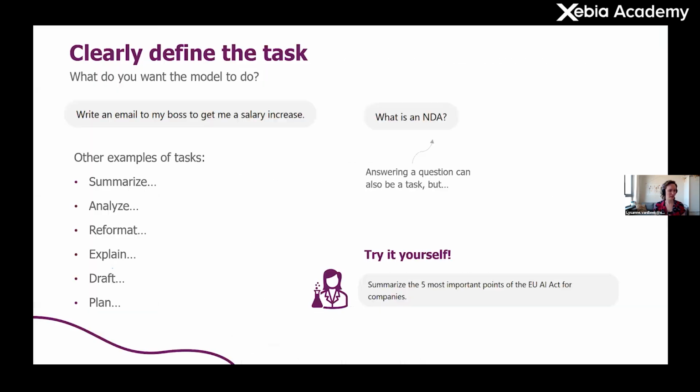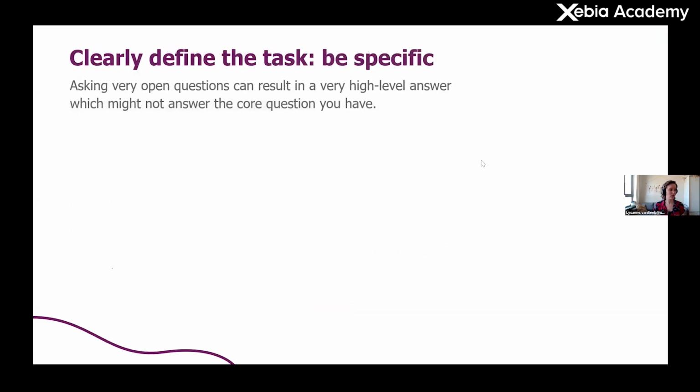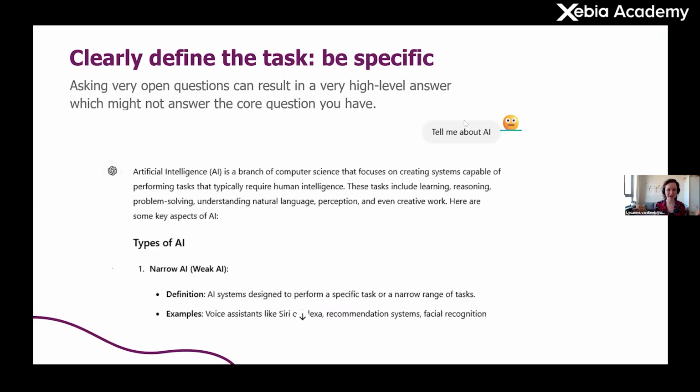Okay, that's already an interesting thing. So we have to clearly define the task. We have to know what we want to do. But we also have to be specific. Because if we ask very open questions, like, tell me about AI, I also get a very open output.